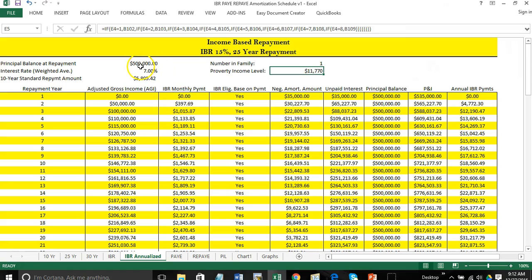But given the outstanding amount and this interest rate, you would have underpaid the interest, or experienced negative AM, of about $35,000. So your unpaid interest after 1 year is $35,000. You have an outstanding balance of potentially $535,000 with 0 payments. You get a sense of what's happening here.